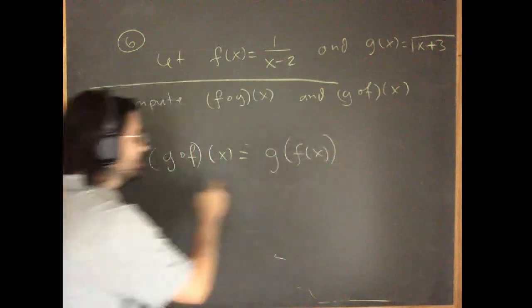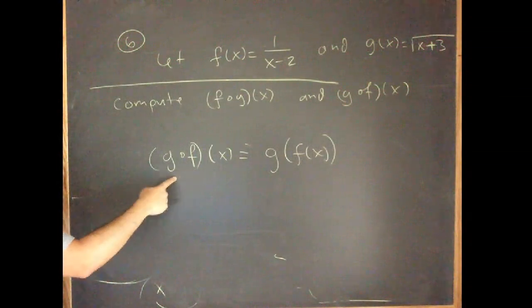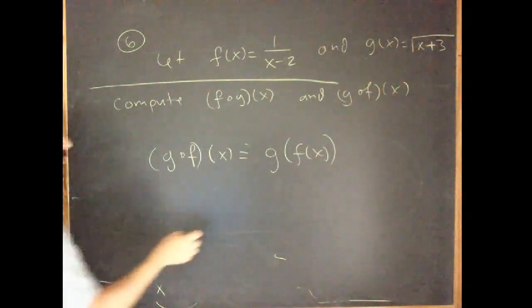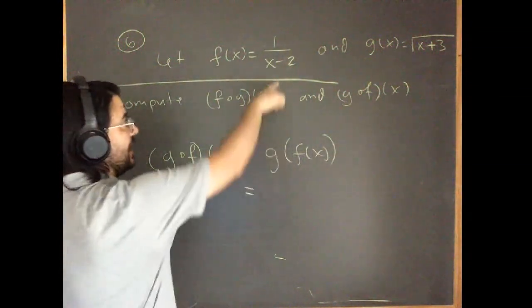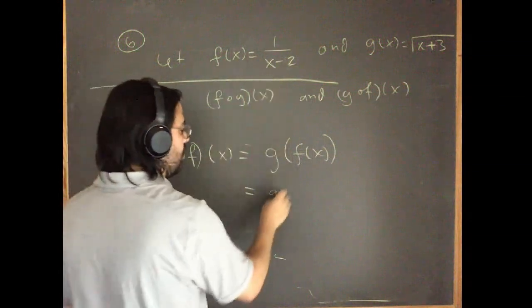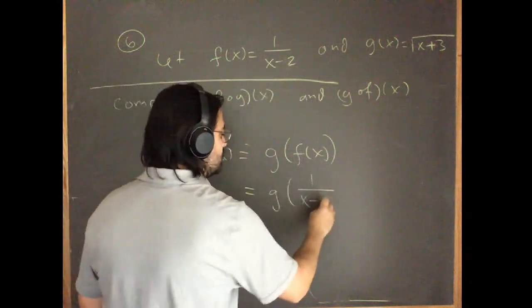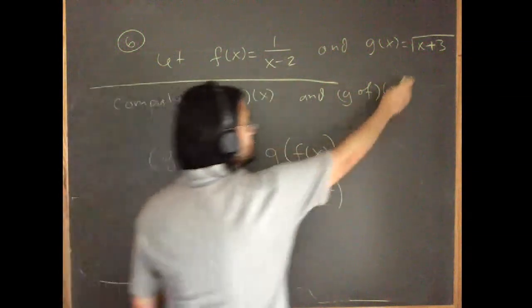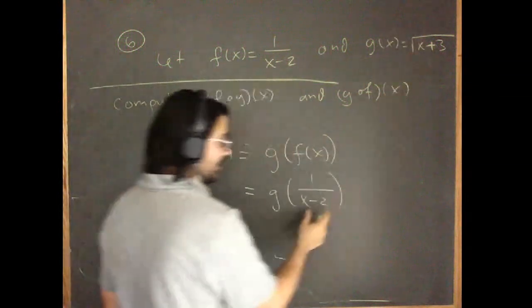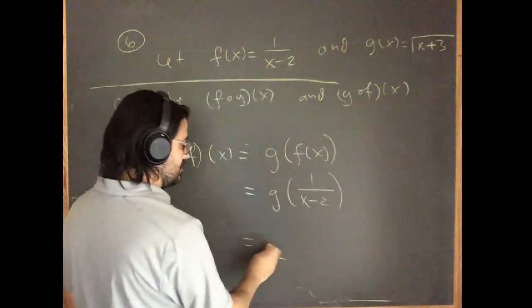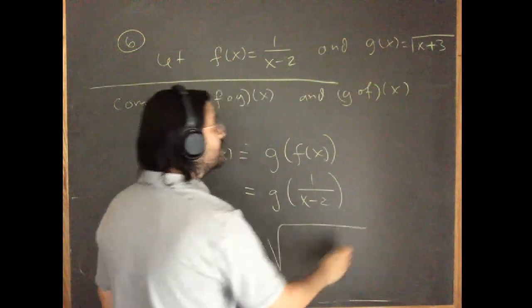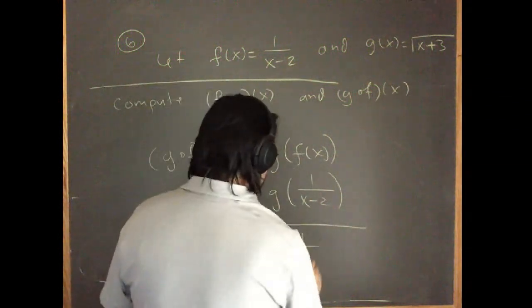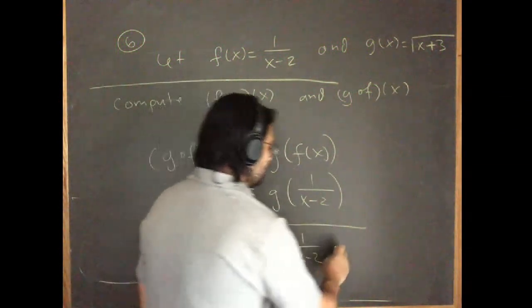You have to really be careful about the order of the composition. It's going to give you something completely different. So now, here my f of x is 1 over x minus 2. And my g of x is this formula. So everywhere I see an x, I'm going to replace it with the 1 over x minus 2. So this is going to be the square root of 1 over x minus 2 plus 3.